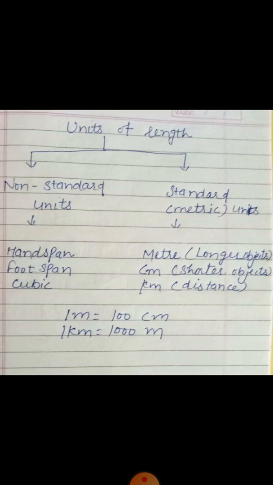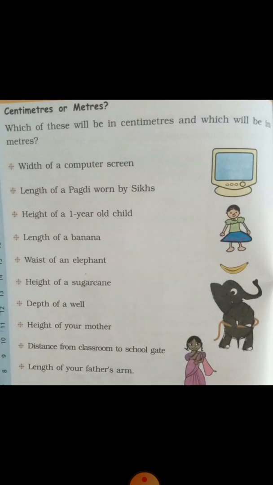So students, hope it will be clear to all of you. Here is a worksheet for you. What you have to do here, some things are given. Out of these you have to see the length of which things we will measure in centimeter or in meters.